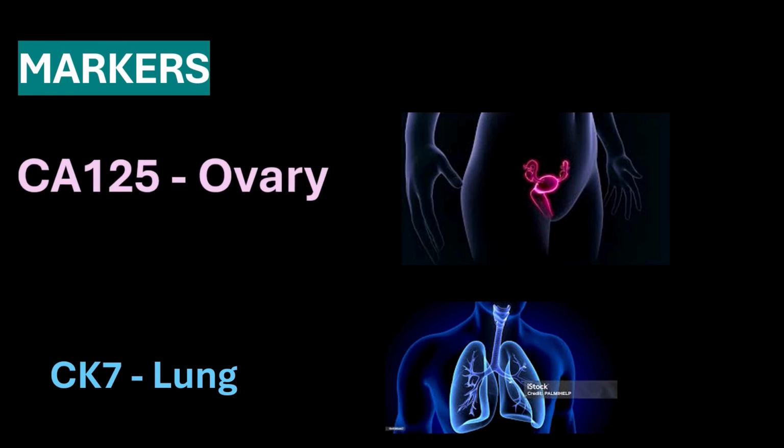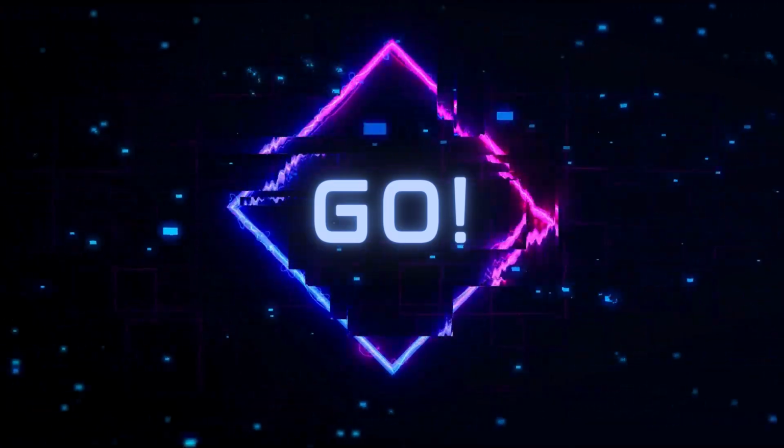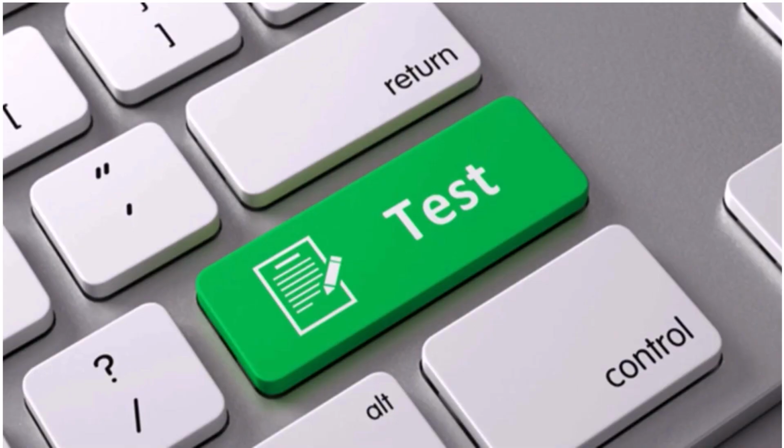The markers: CA125 for ovary, CK7 is for lungs.